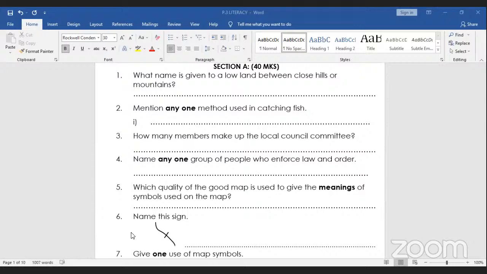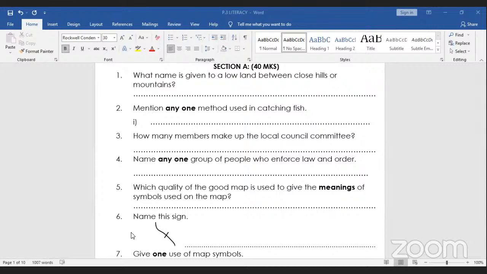Mention any one method used in catching fish. Using hooks. Yes, I can hear you. Using hooks. Another one.